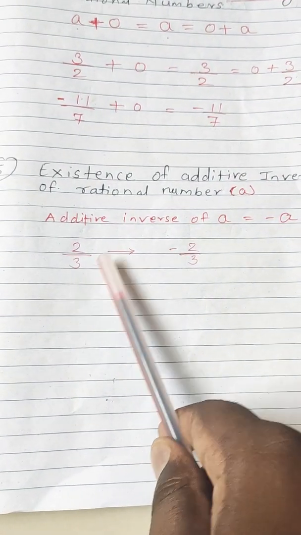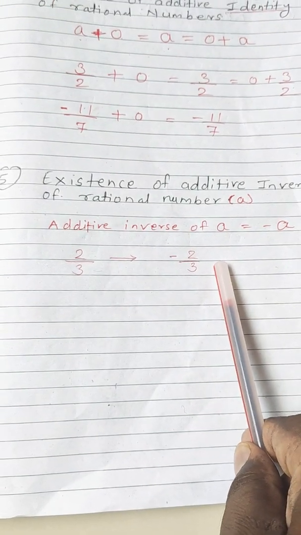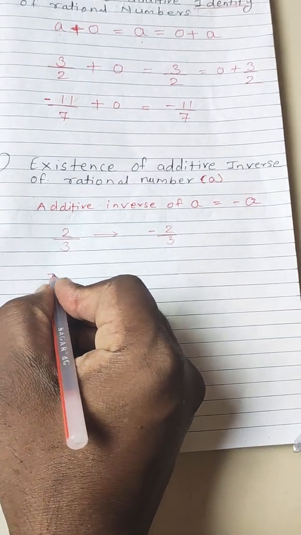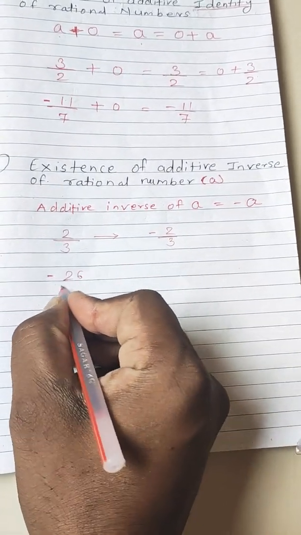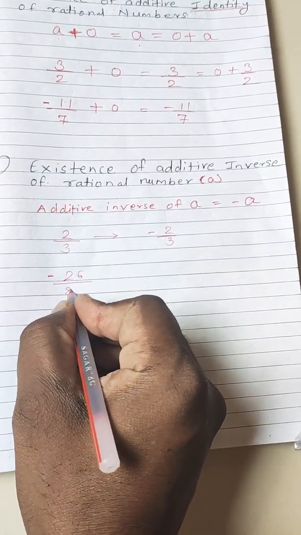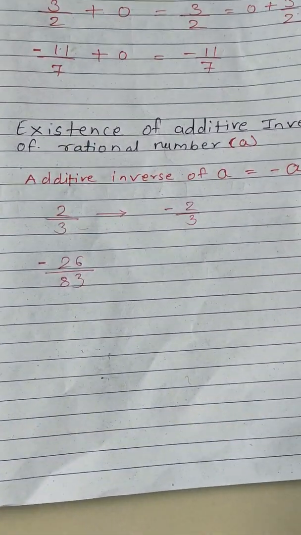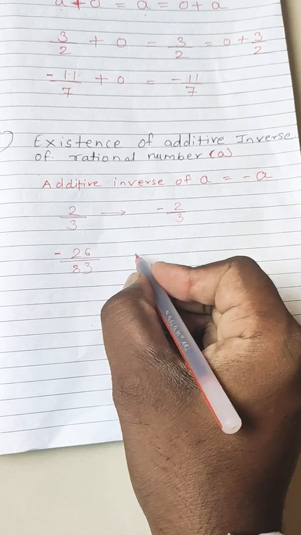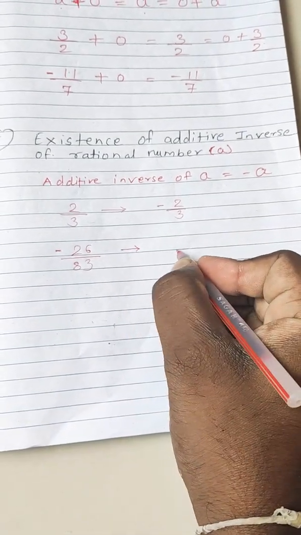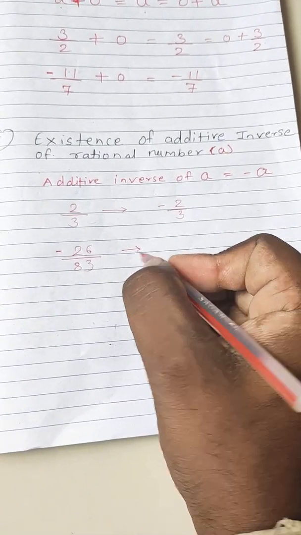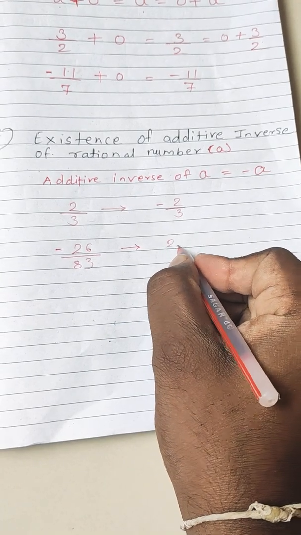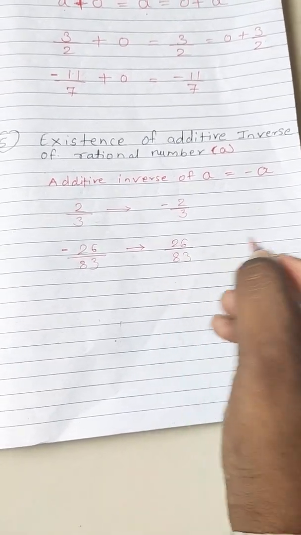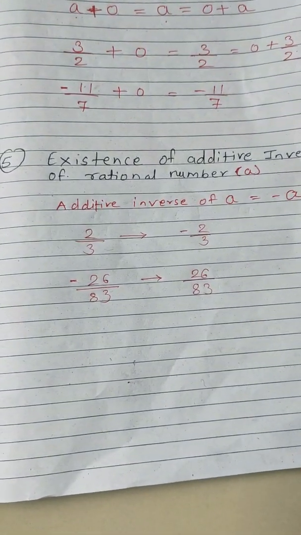So what we have done? We have just changed the sign. Is that clear? In case minus 26 upon 83 is there, what will be its additive inverse? Here is the minus sign. So what we have to do for the additive inverse? Just change the sign. So it will be positive 26 upon 83. Understood?